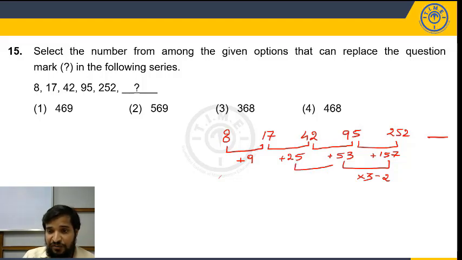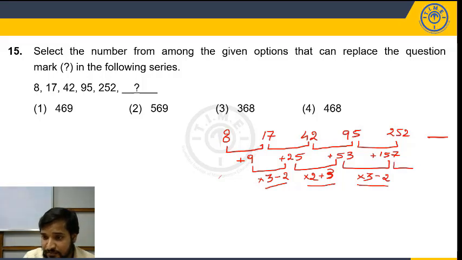Next, 25 to 53, something around twice. 25 2s are 50. How much are we pending? 3. 50 plus 3, 53. Then 9 to 25, 9 3s are 27. 27 minus 2, 25. So alternately multiplying by 3 minus 2, times 2 plus 3, times 3 minus 2.